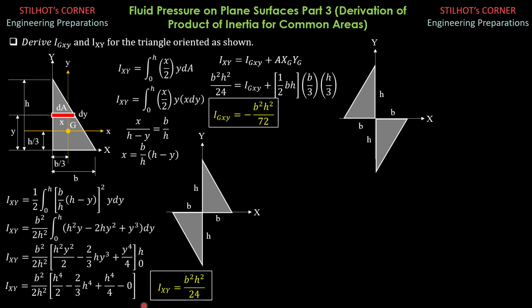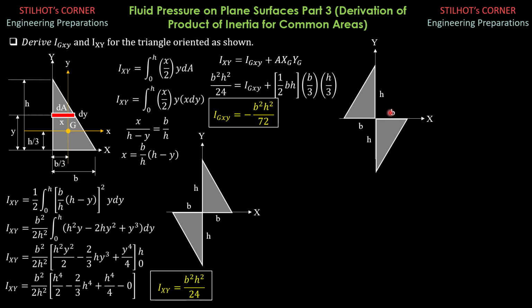So therefore, IXY would be negative b square h square over 24, and IGXY would be positive for that case, because if we imagine the centroid here, draw the centroidal axis, this time the greater area lies in the first and in the third quadrant.